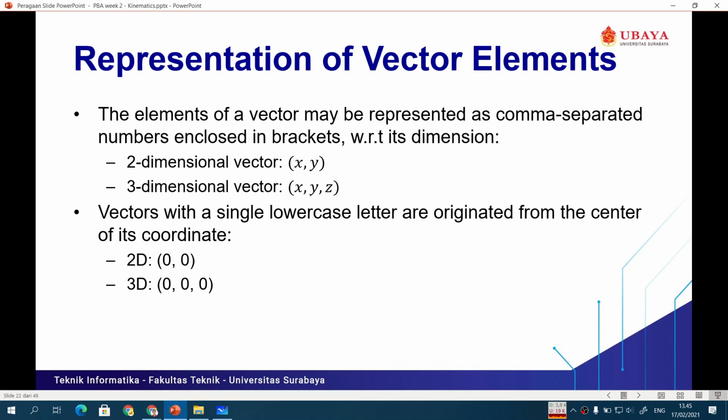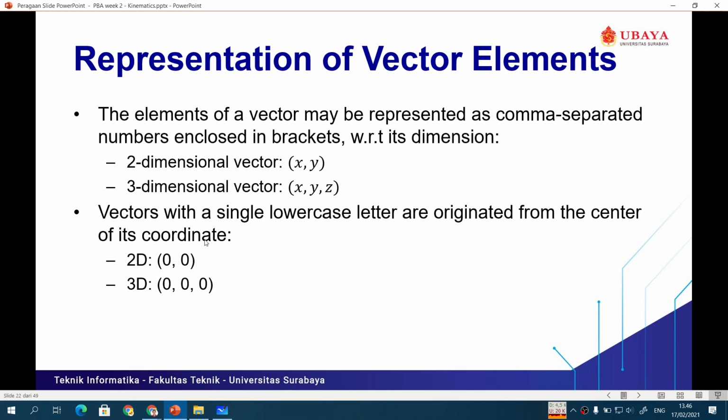Actually there is a four-dimensional vector, but we won't study four-dimensional vectors.